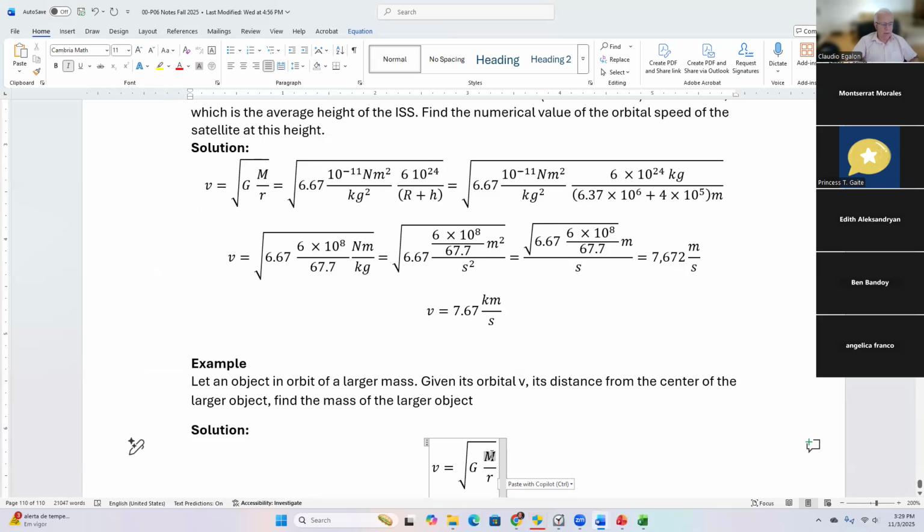Here the mass is unknown. Suppose that you know the velocity of your satellite. You know the distance of the satellite to the center of the Earth. Find the mass of the Earth.